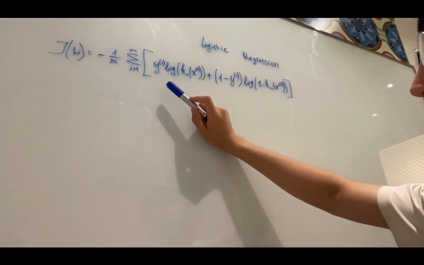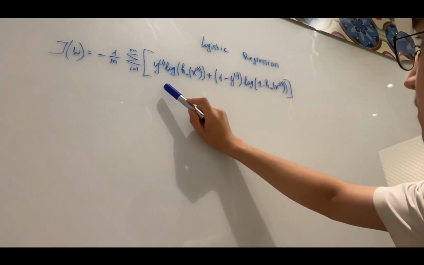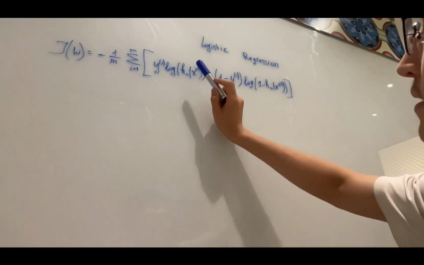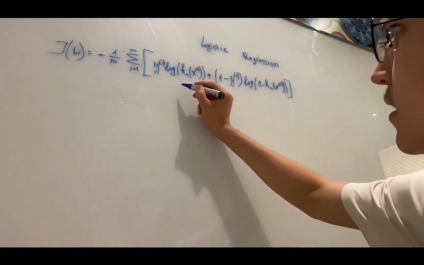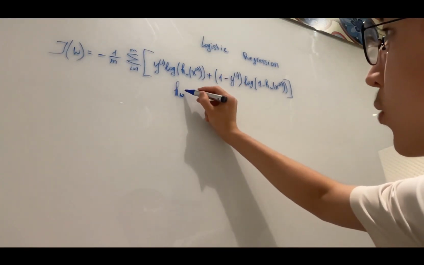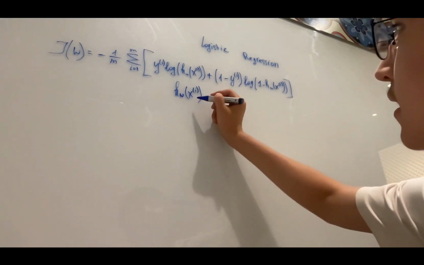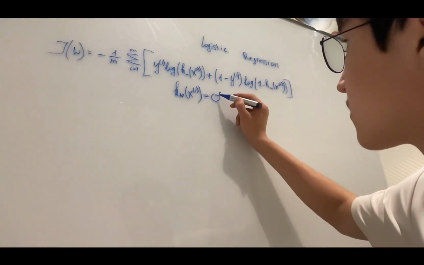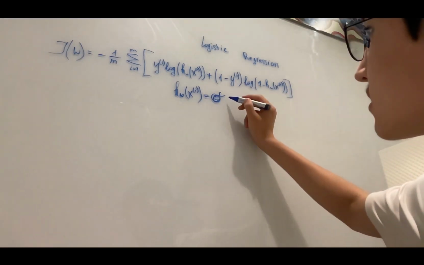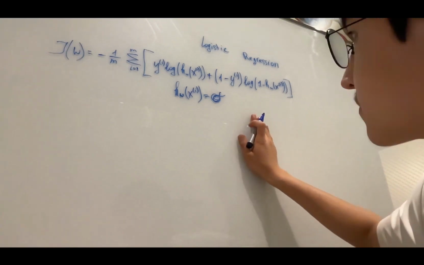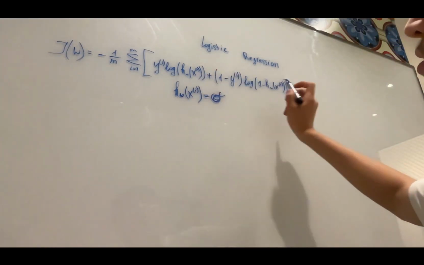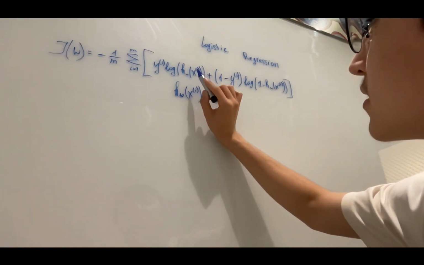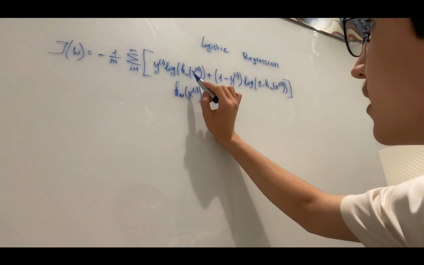Here, h_w(x_i) is our sigmoid function. So we receive some value, maybe 0.1, 0.2, 0.3, and so on.